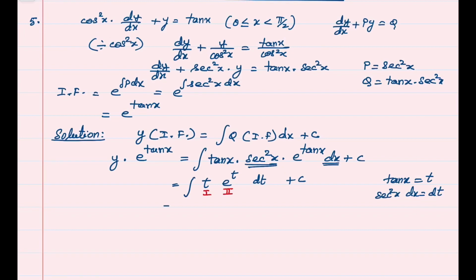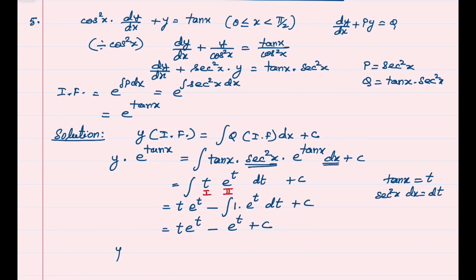First function, into integral of the second function. Integral of e raised to t is e raised to t, minus integral differential of the first function, which is 1, and integral of the second function dt plus c. T e power t minus integral of e power t is e power t plus c.